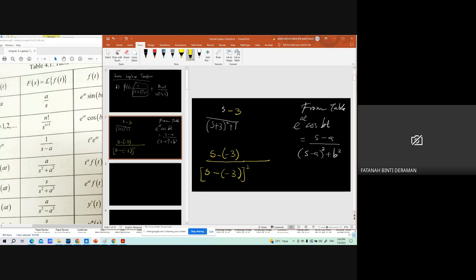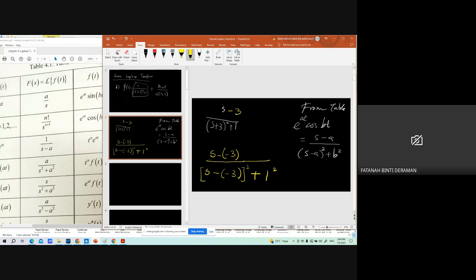And then plus b square. b square equals 1, so b equals 1.